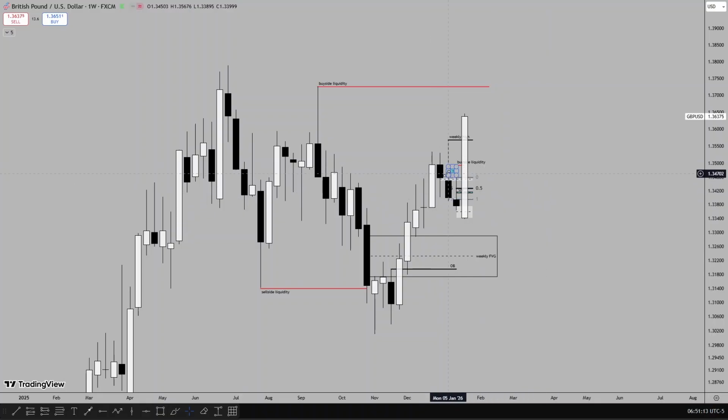But if the daily time frame were to align with the dollar index, then I will be anticipating higher prices to run the weekly high, which means I need to see a daily shift in structure for me to anticipate higher prices to run the weekly high. And if it's aligned with the dollar index, then I will be taking advantage of the trade.